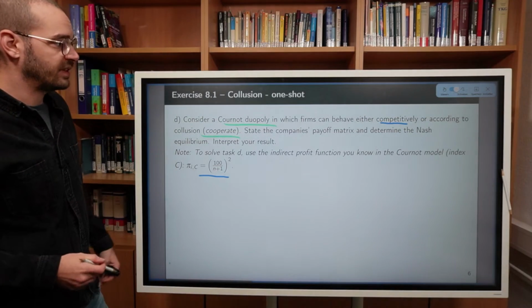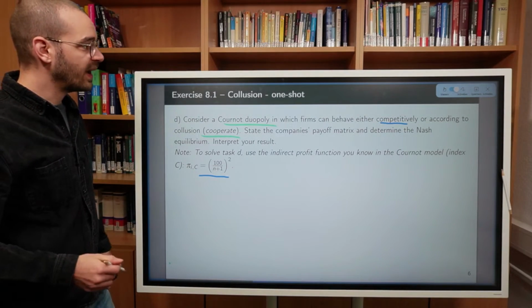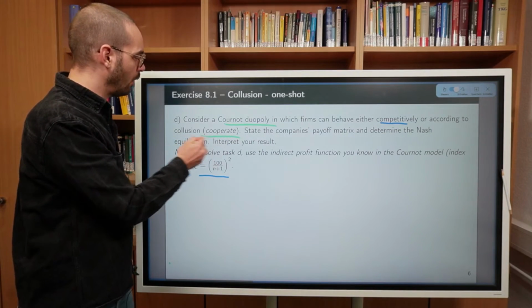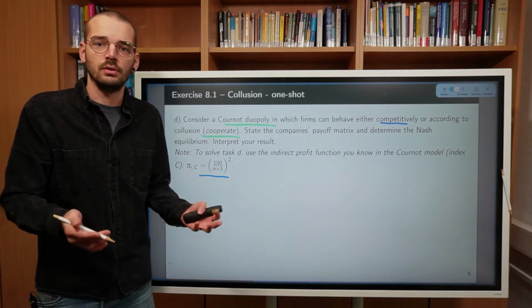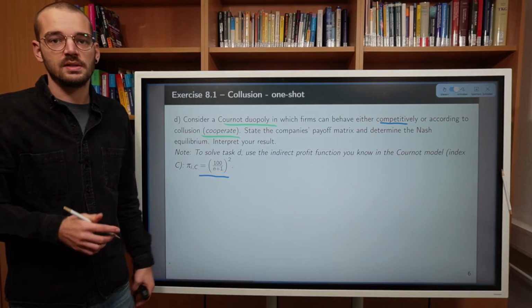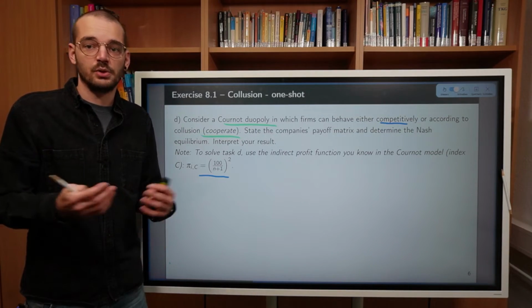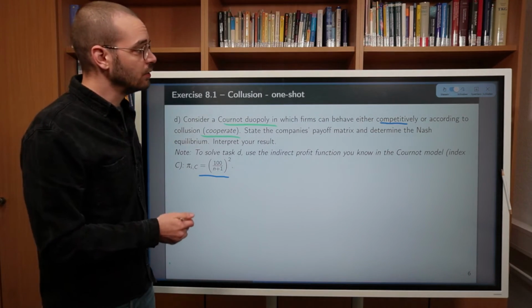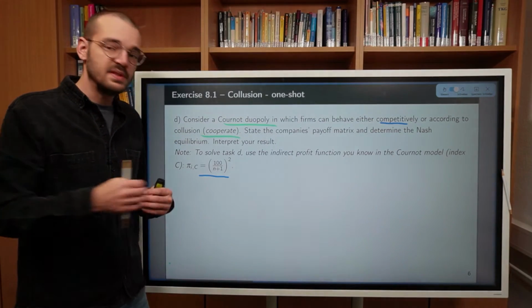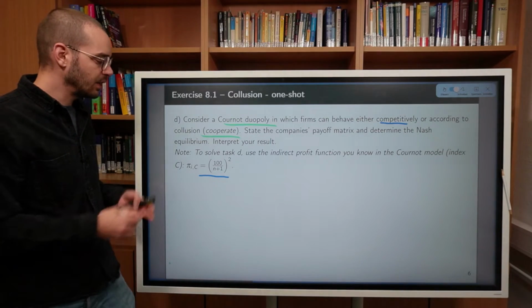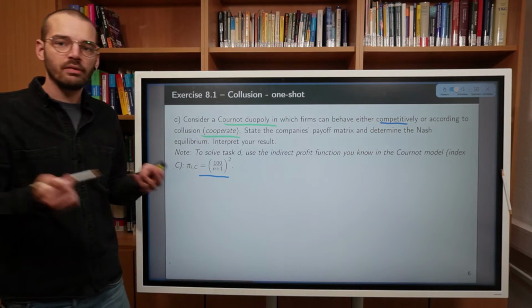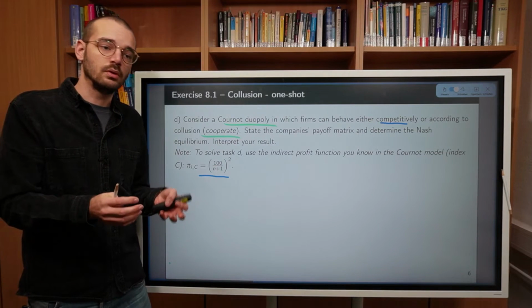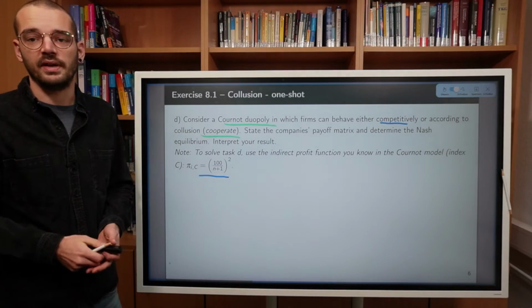We know the profit functions that apply in the case all firms cooperate or behave according to the collusion. It was the joint profit maximization, which was equivalent to the monopolist problem under task A. We already know what happens if one firm deviates, right? And now finally we also know what happens if both firms choose to compete rather than to cooperate.